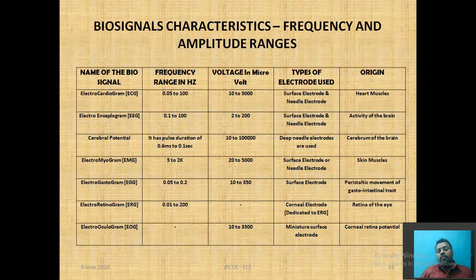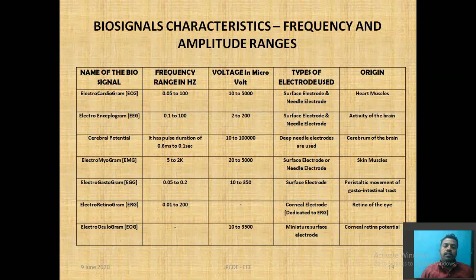This is a summary of the biosignal characteristics. Here we consider two characteristics, frequency and voltage. Frequency and voltage are the important characteristics of biosignals; we do not consider the current. Voltage is in the range of microvolts and frequency in the range of hertz.